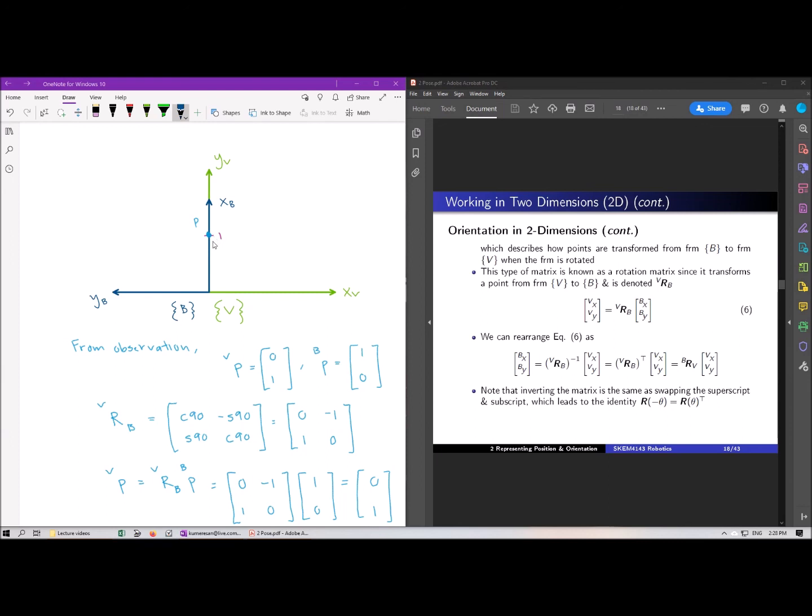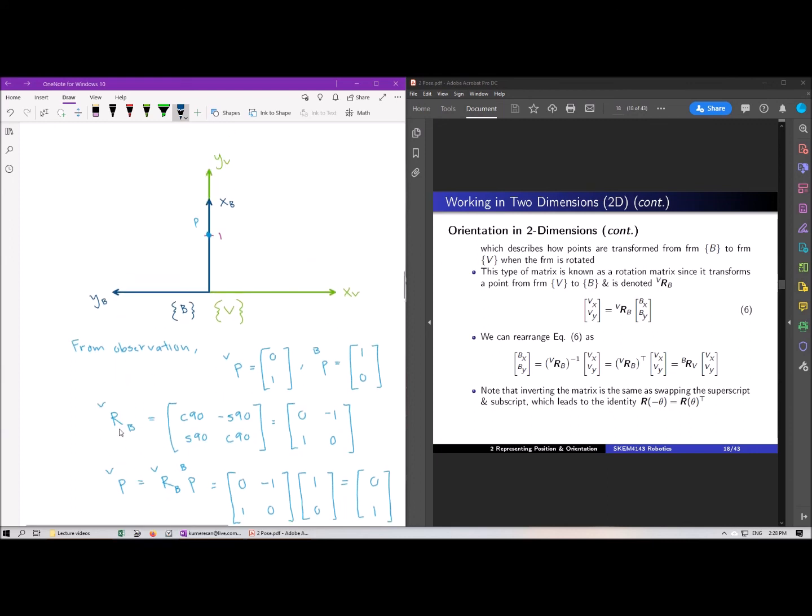We're also given a point here, point P, and without even mentioning here, we know that from observation, PV, which means the point with respect to the green coordinate frame, is 0, 1, because the Y component is 1 and there's no X component. And PB, point P with respect to the blue coordinate frame, is 1, 0.